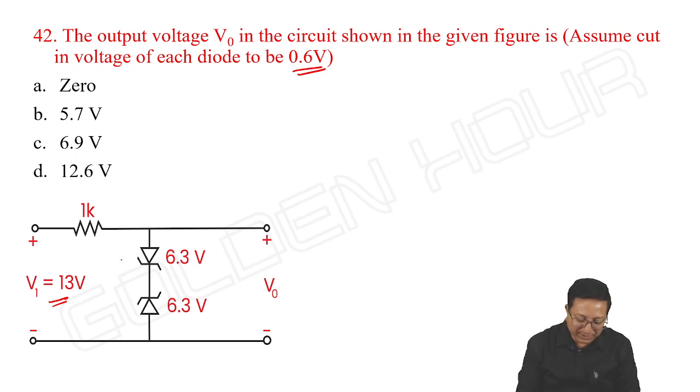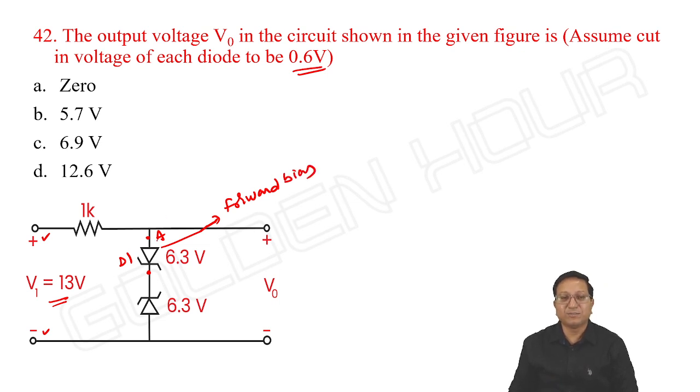Next, look at the diode D1. Its anode is connected to positive terminal and its cathode is going towards the negative terminal of the supply. It is behaving like an ordinary diode, so simply forward bias. Forward bias means it acts like a voltage source of value V gamma, that is 0.6 volts. And look at the diode D2. Its cathode is going towards the positive terminal of the supply and anode is going towards the negative terminal of the supply.